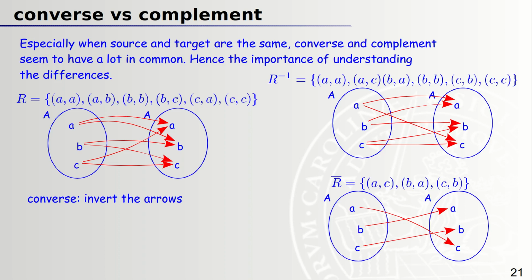Looked at as digraphs, you can think of the converse as inverting all the arrows, which also incidentally means that the number of arrows remains the same, which means that the number of tuples in the set that represents the relation remains the same. While the complement can be obtained by drawing exactly those arrows that the original diagram did not contain.